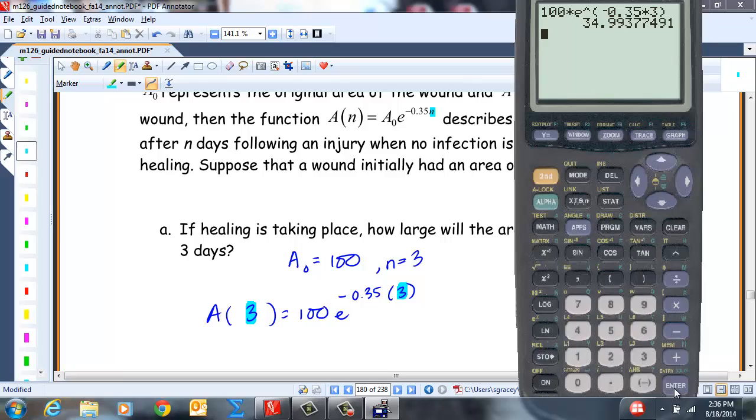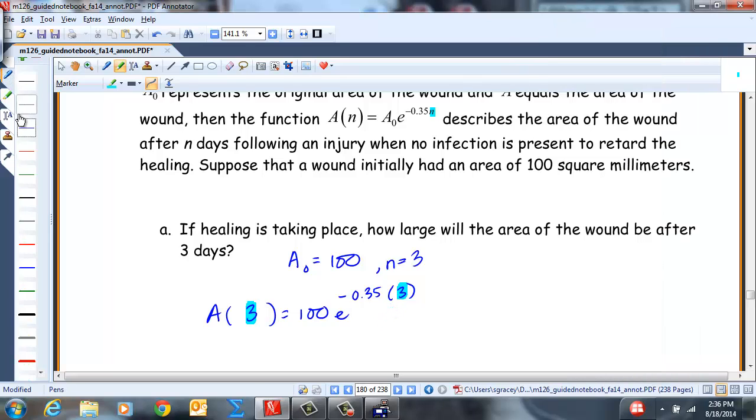So we would get approximately 34.99 millimeters squared. So after 3 days, it's shrunk quite a bit.